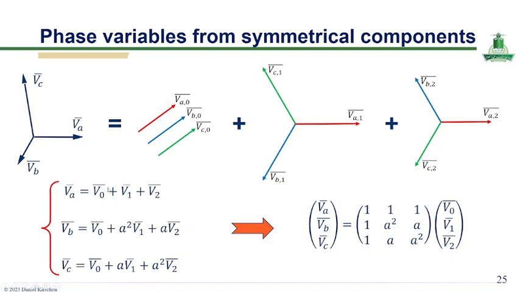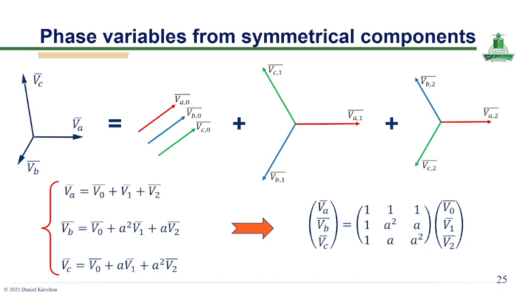For example, phase A is simply the sum of three components, while phases B and C include the complex operator A, which represents the 120-degree phase shifts.